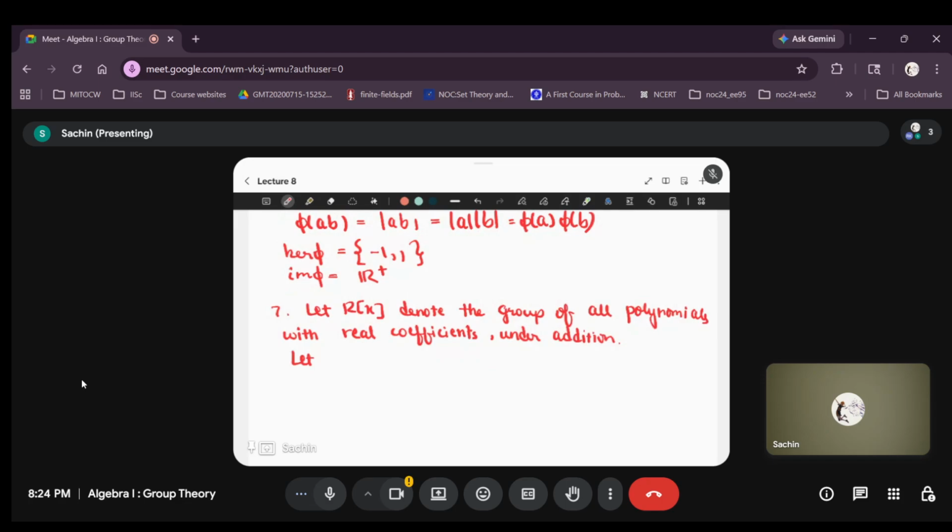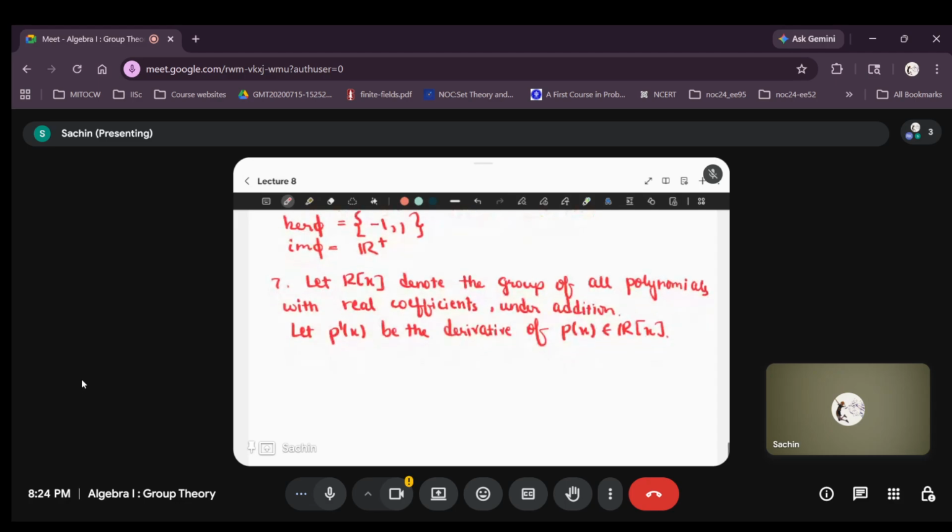Let p prime be the derivative of p of x. Now p prime of x is also a polynomial in R[x].